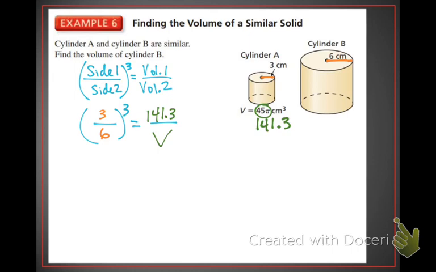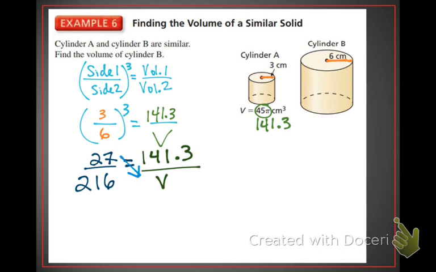Next, we're going to cube. You cube it just like we always have, like the squaring. You cube the top and you cube the bottom. So what is 3 times 3 times 3? You didn't cube. 27. What is 6 times 6 times 6? 216. So you should not have cross multiplied yet because we had to cube first. Cross multiply, we get 27v.